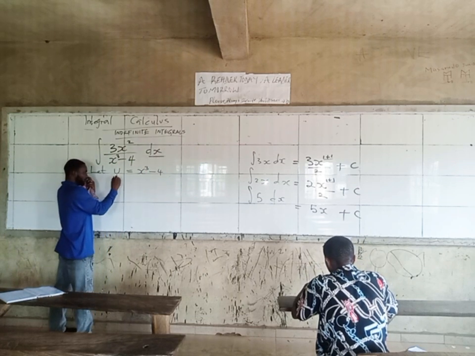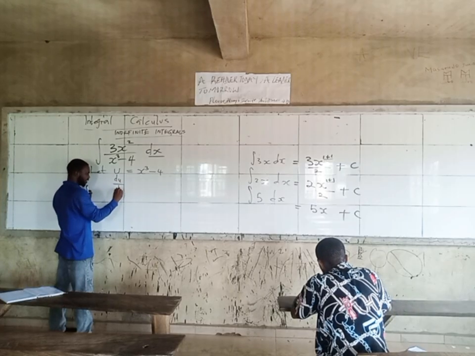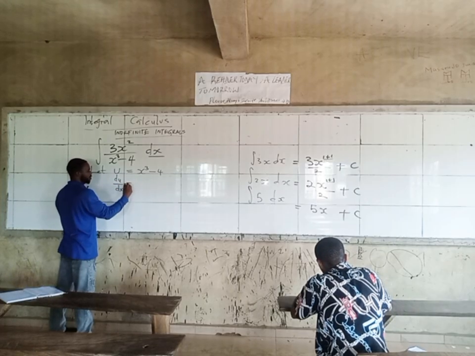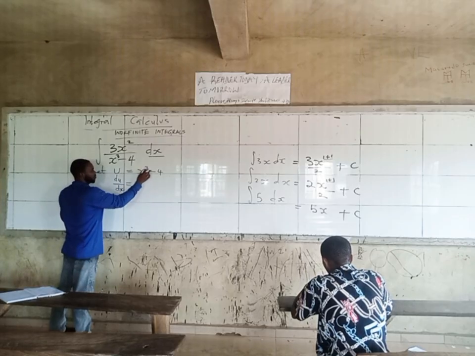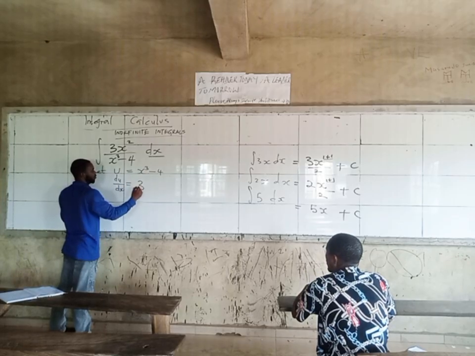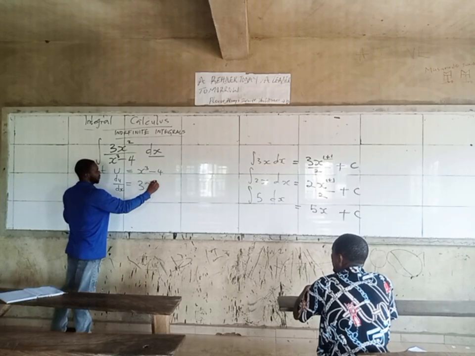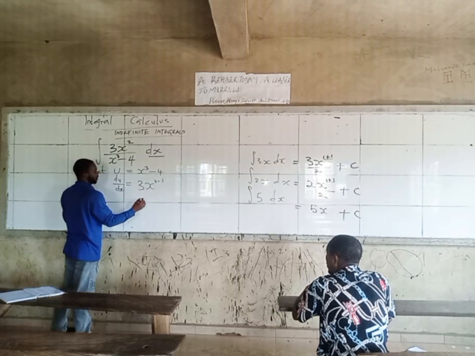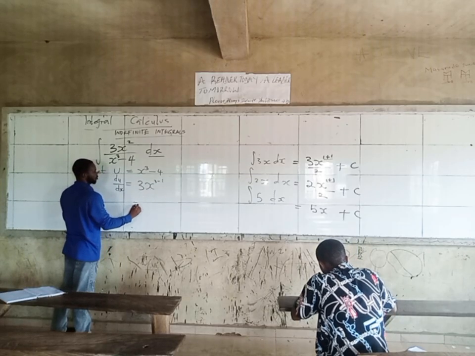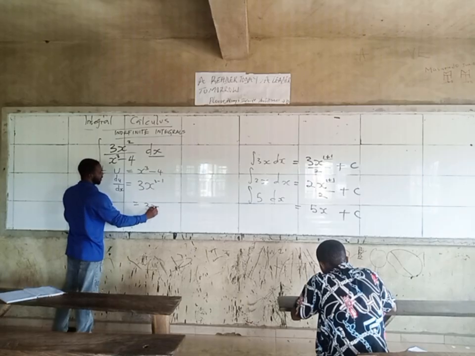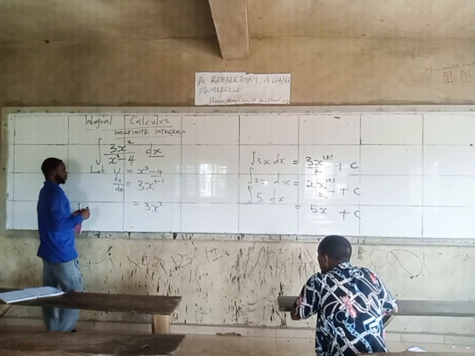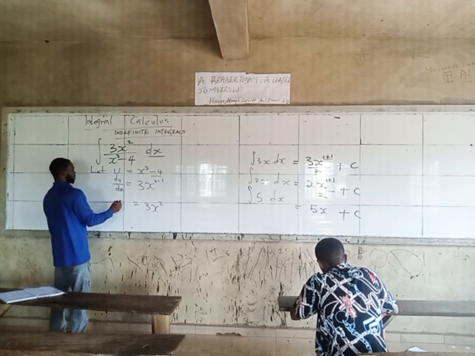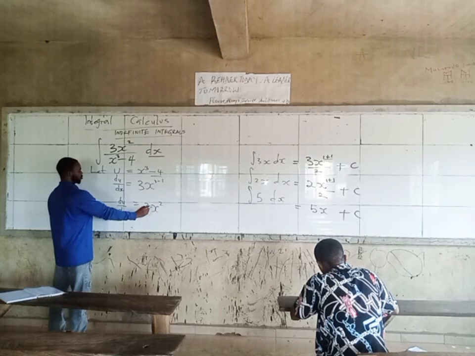So du over dx of this thing will simply be, if I differentiate this u with respect to x, this 3 here comes over to the x, 3 minus 1 will be 3x squared. And you know that if you differentiate a constant, it just leaves. So du over dx is equal to this.